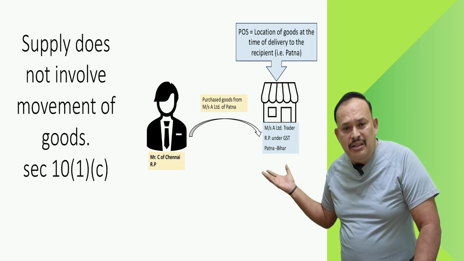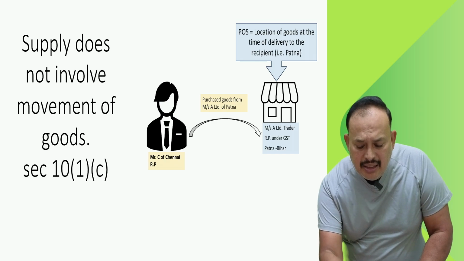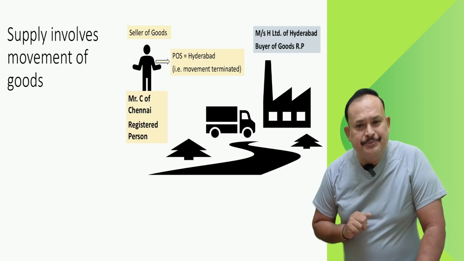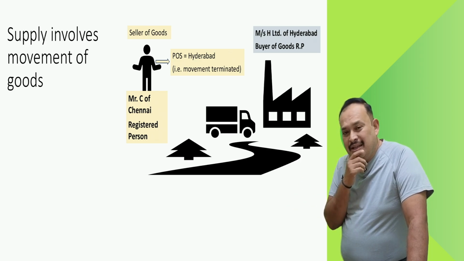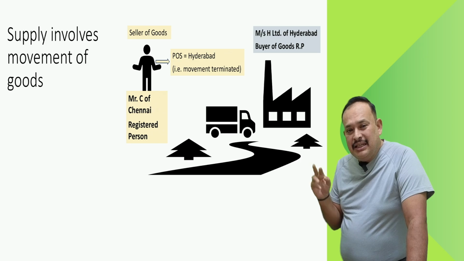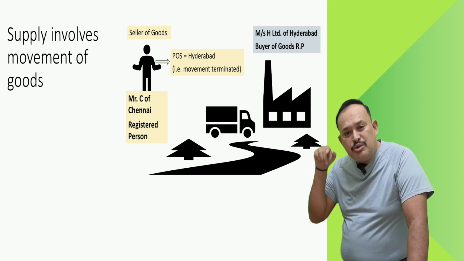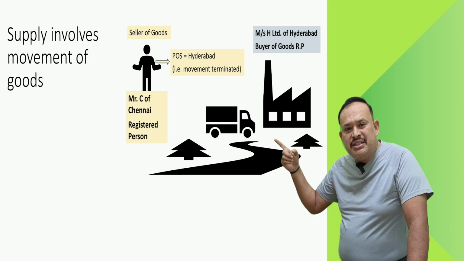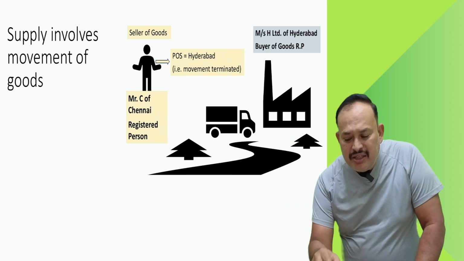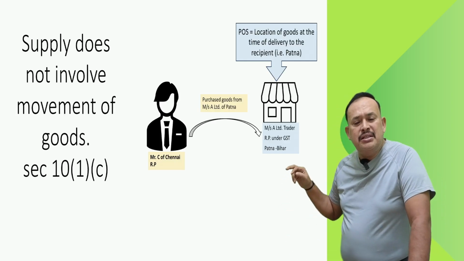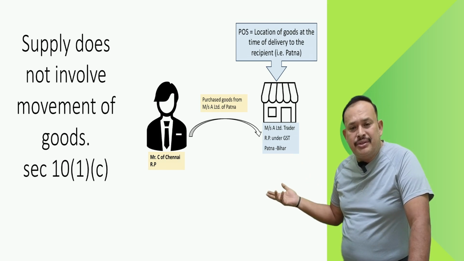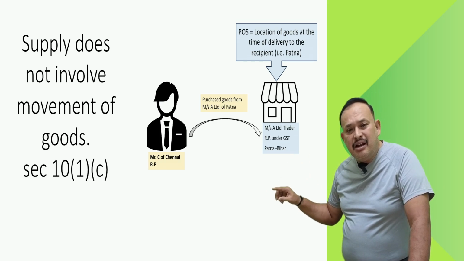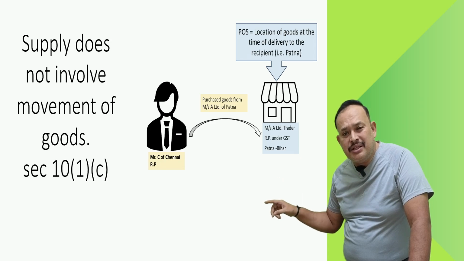Here 10(1) C. Here 10(1) A. In both cases, Mr. C of Chennai reached a person.